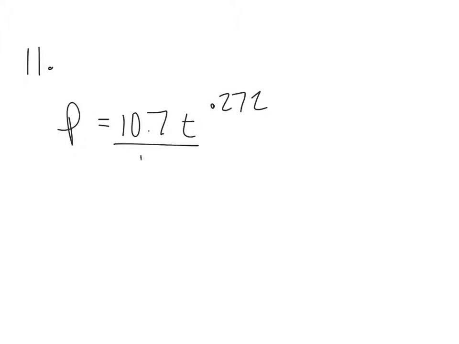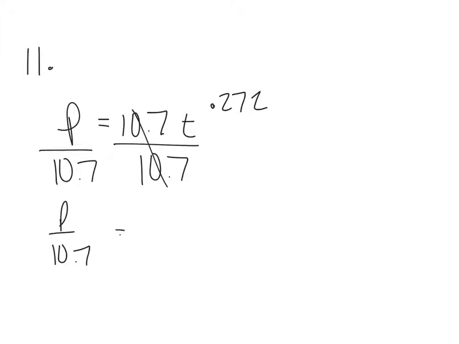Now you guys will see number 11 here. I accidentally erased number 11, but you got it there, so I'm going to work with it. I've got P equals 10.7. We're talking about baseball tickets now. So I want to solve this for T. So P over 10.7 equals T to the 0.272.